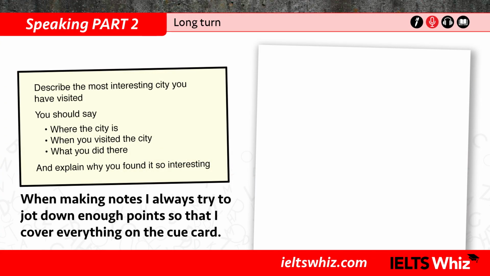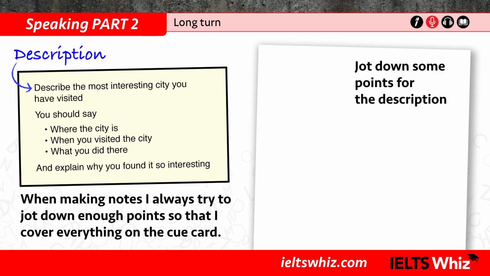When making notes, I always try to jot down enough points so that I cover everything on the cue card. At the top of the card, you'll be asked to describe something. So the first thing I do is to jot down some points for the description at the top.